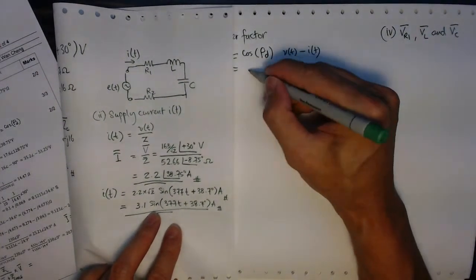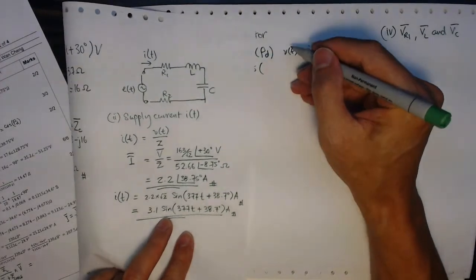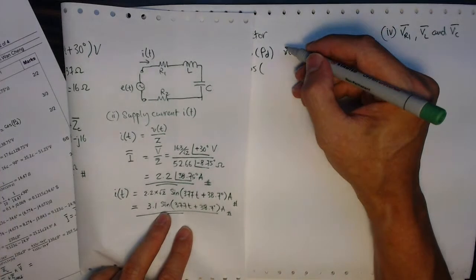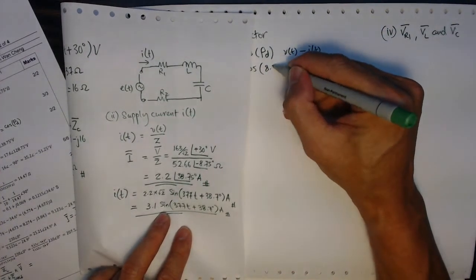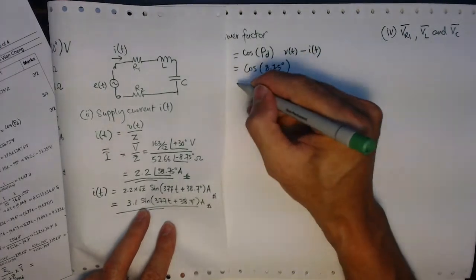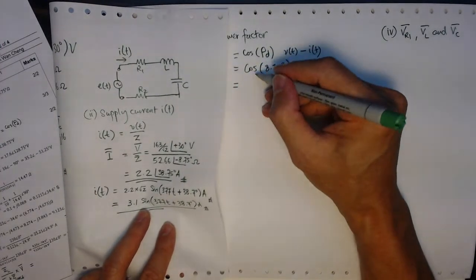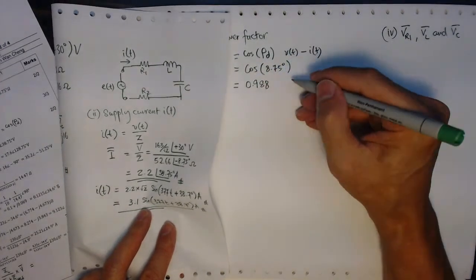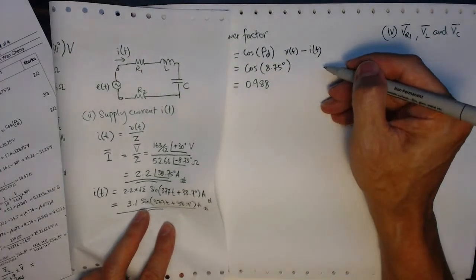Right? So that's cosine of minus 8.75 or just 8.75. Still having the same value. So that will be equal to 0.988.